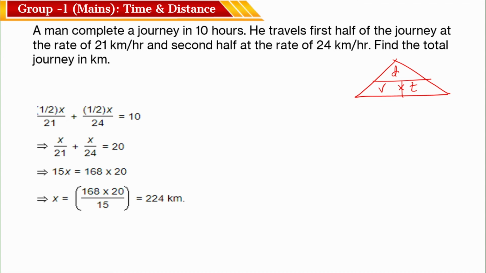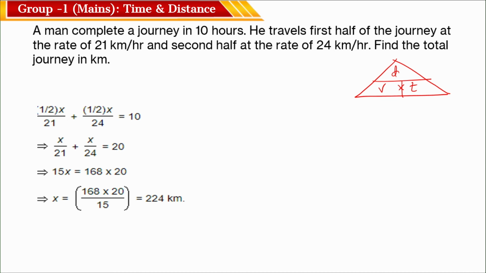Clear? One more important piece of information: if you want to convert kilometers per hour into meters per second, you have to multiply by 5 by 18, and meters per second into kilometers per hour you have to multiply by 18 by 5. This is very important information.